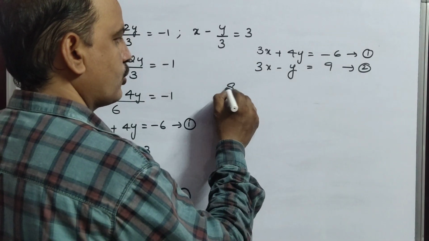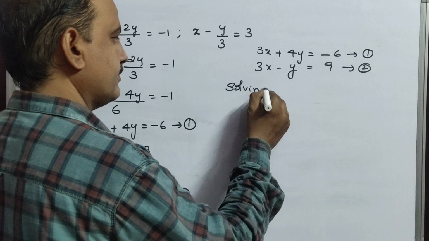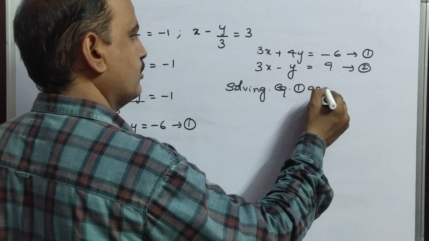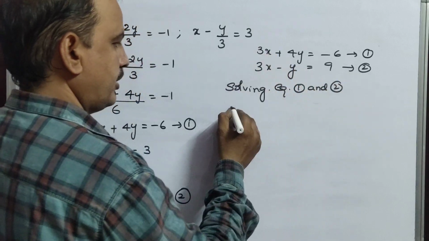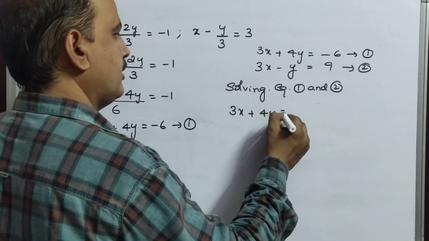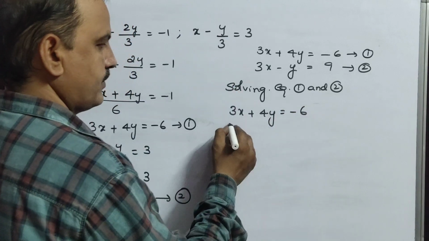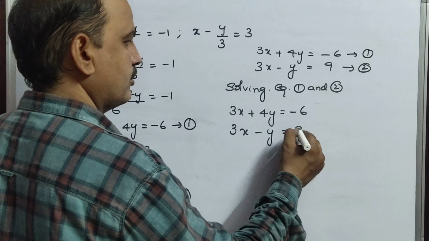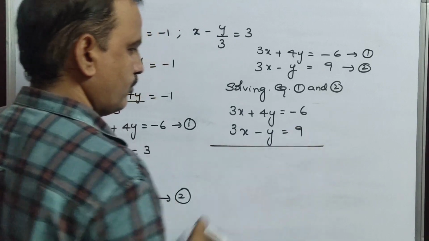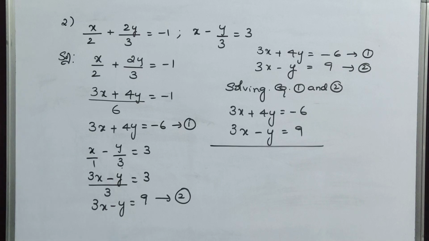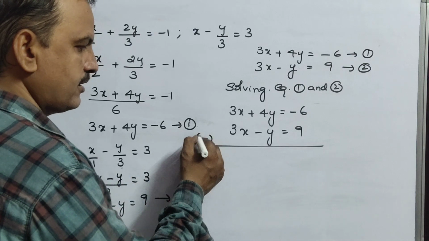That means solving equations 1 and 2: 3x plus 4y equals minus 6, 3x minus y equals 9. Now again, what to do? Because both are positive, there is no chance, so again subtraction.